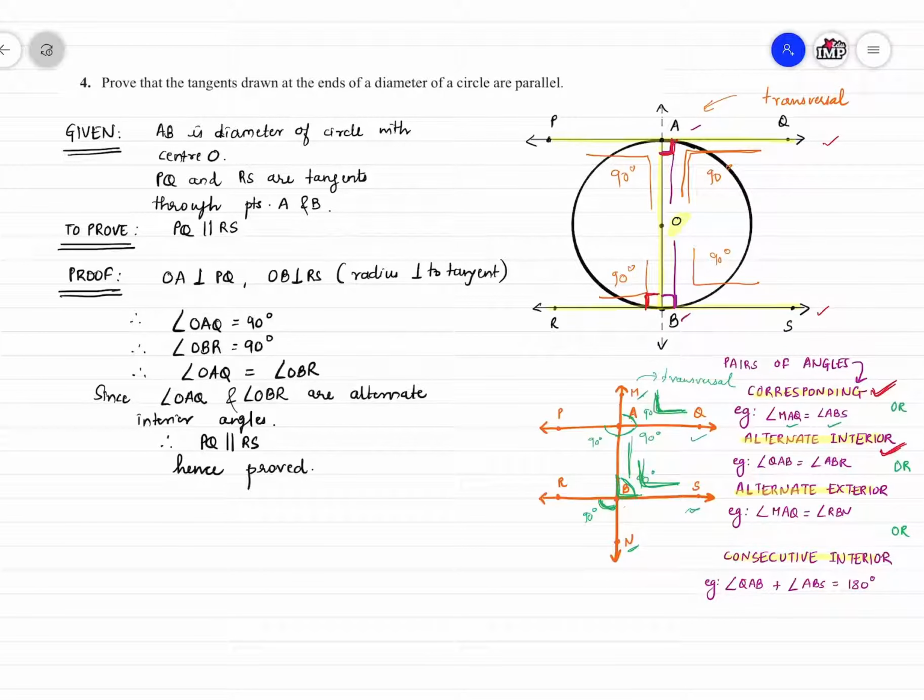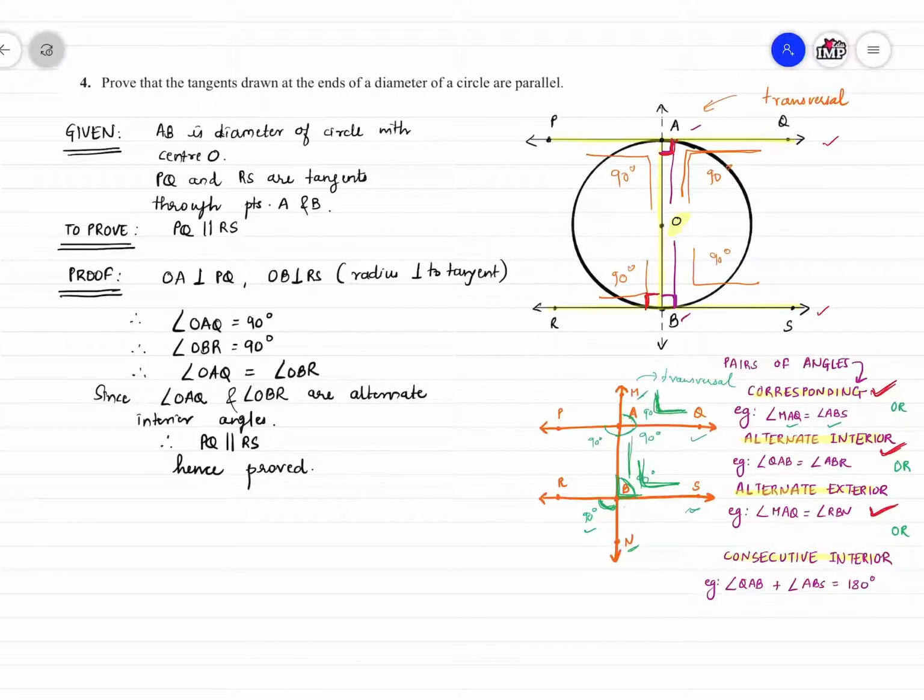So the measure of this is also 90 degrees. Now MAQ and RBN is a pair of alternate exterior angles. Their measures are 90 degrees, so they are equal to each other, and thus PQ is parallel to RS. This is how we could have proved it using the alternate exterior property also.